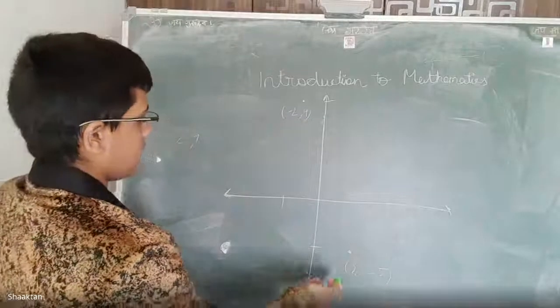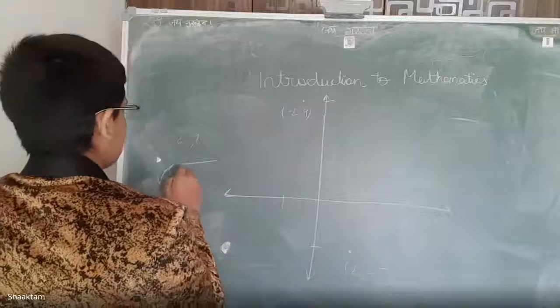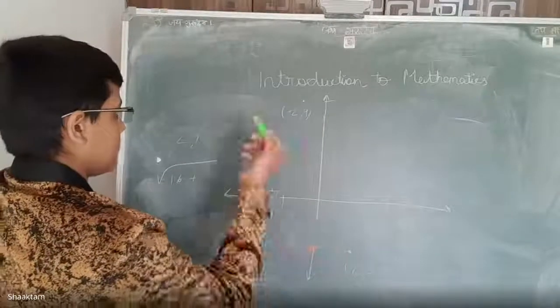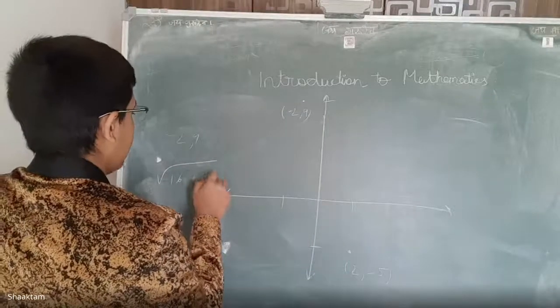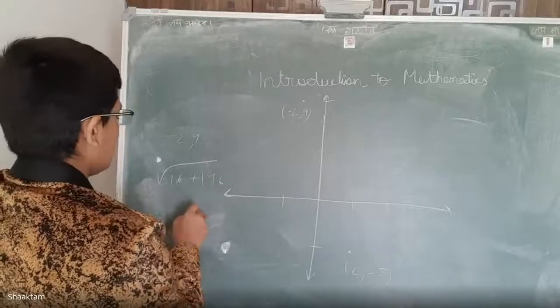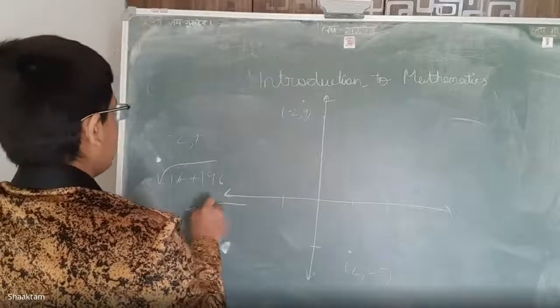Use the distance formula for that, like x plus 2 whole square plus 0 minus 9 whole square. So 16 plus 196, it will be root 53, right? Yeah.